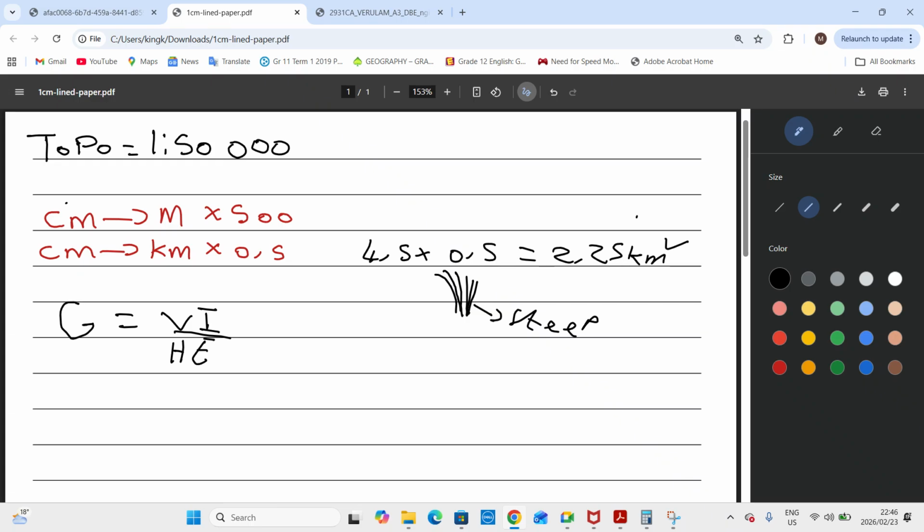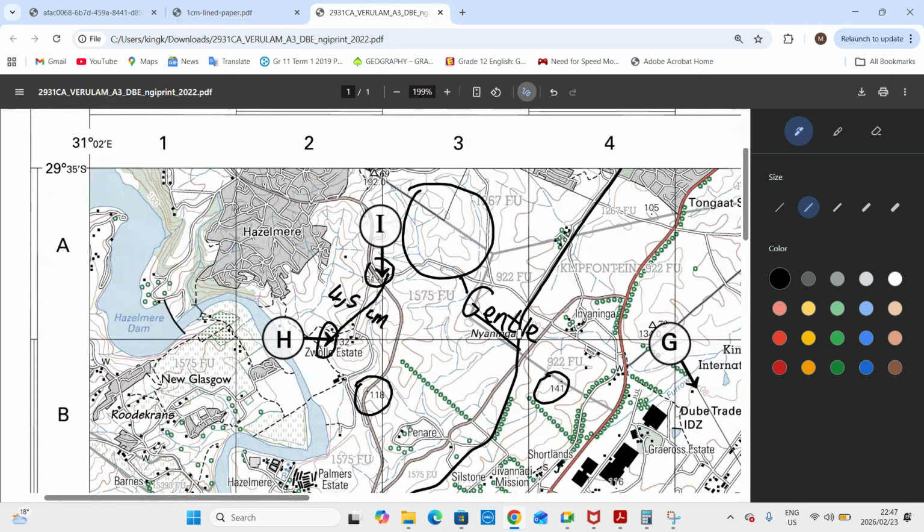Calculating a gradient. Let us say, for example, a question that has been given to you is to calculate a gradient between spot height number 118 in block B2 and spot height number 141 in block B4. What do we do? Please note that these two numbers that you're looking at are indicators of height.